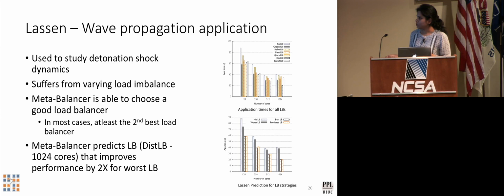The orange is the predicted LB, and the black is the best LB. So in most cases, if not the best, it was the second best. And we found that for 1024 cores, the predicted LB can perform 2x better than the worst LB. In this case, the worst LB was refined, and the best LB that was predicted was distributed LB.